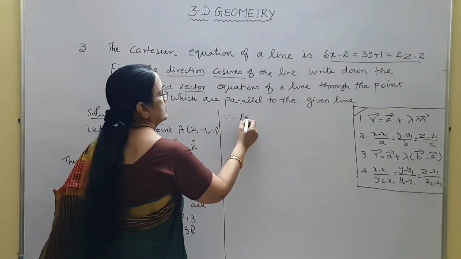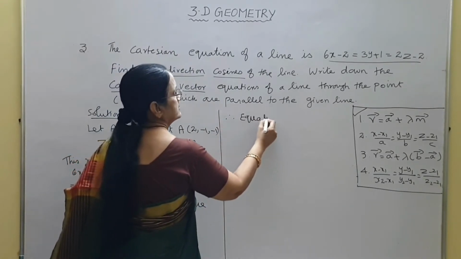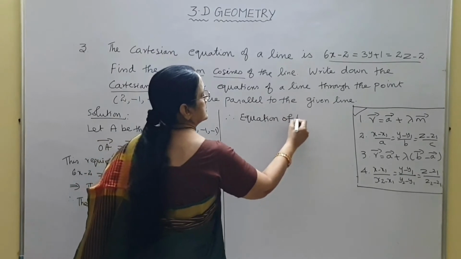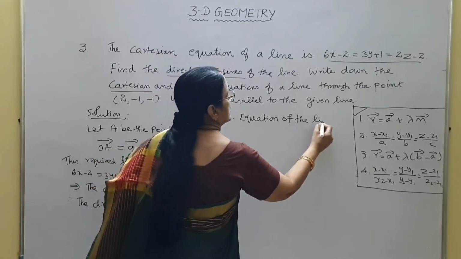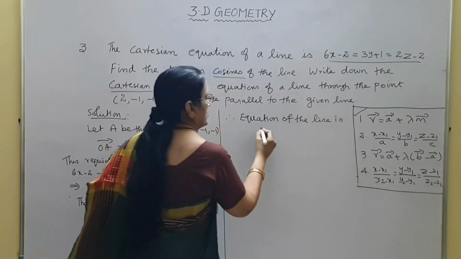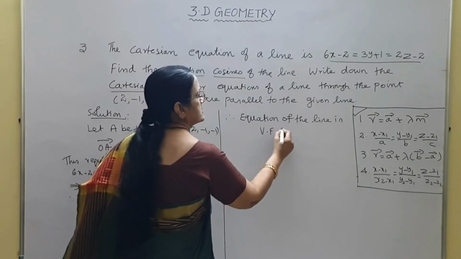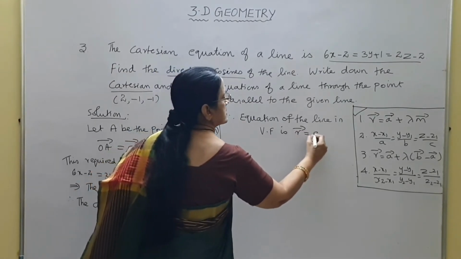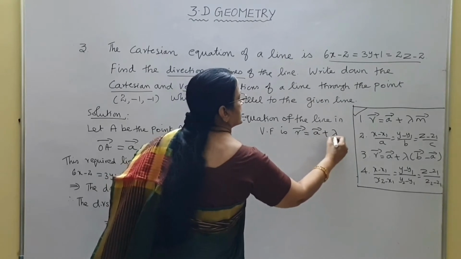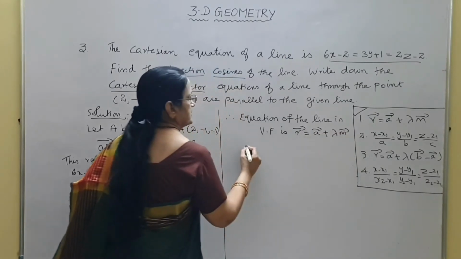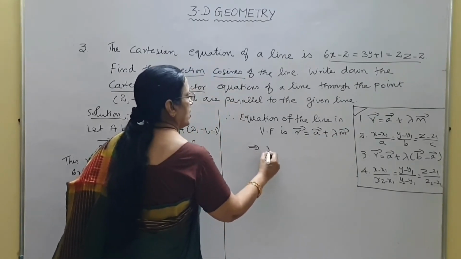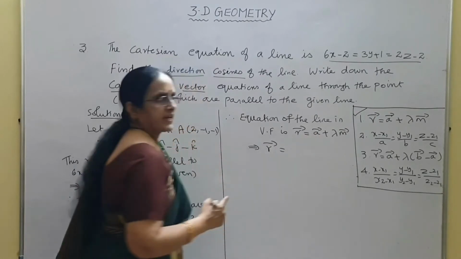Therefore, equation of the line in vector form is, let me write the equation first, R vector is equal to vector A plus lambda times M vector.